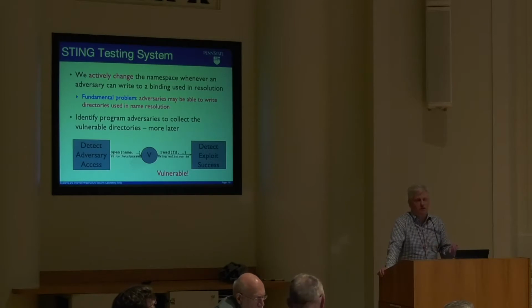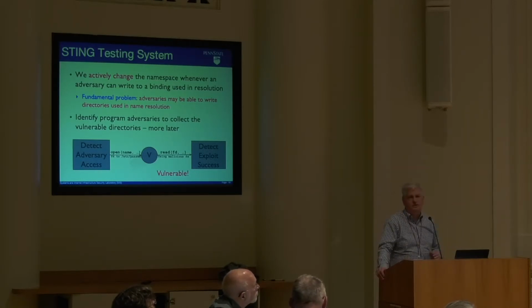And so the fundamental problem, basically, as I've alluded to, is that if adversaries can write to a directory that's used when you're resolving the name of a file to an inode, an adversary can redirect your access wherever it wants. And if you're not watching for it, then it's pretty much game over.